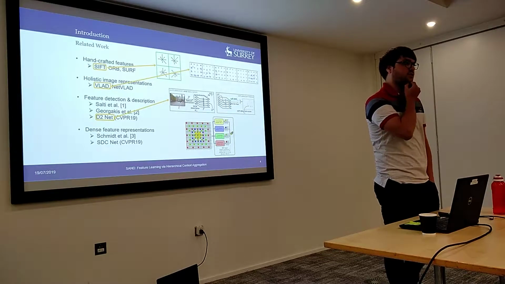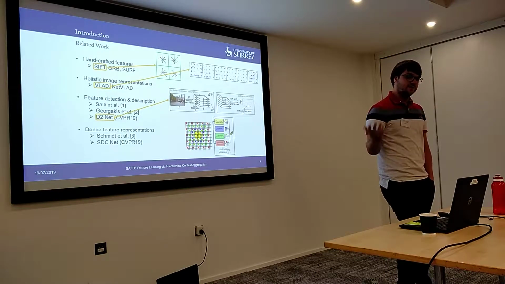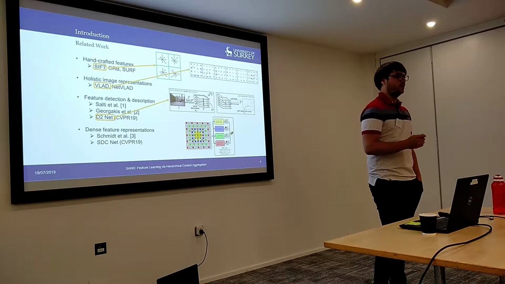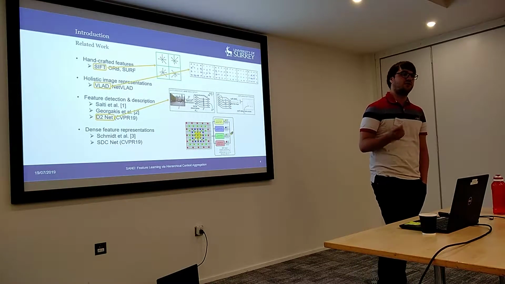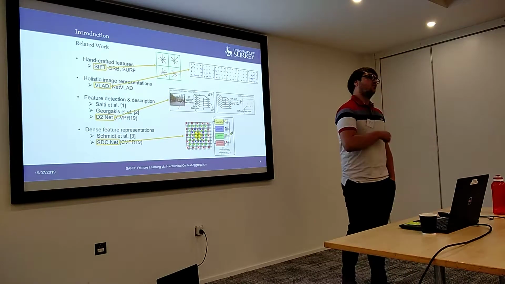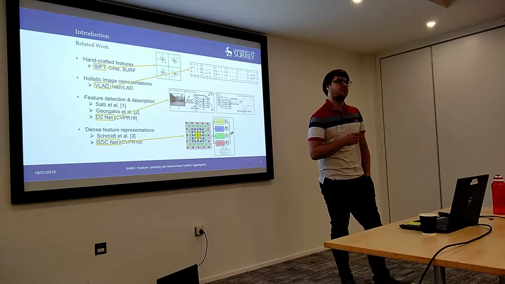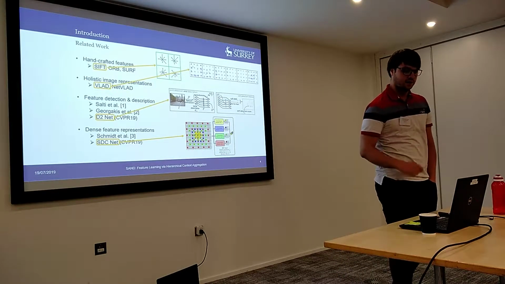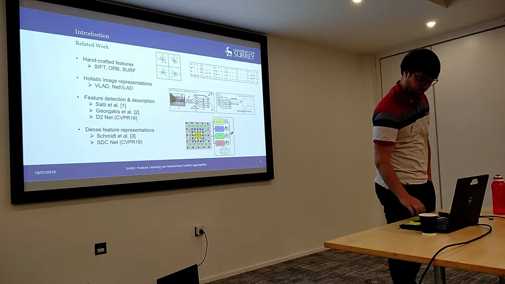And then more related to what I'm talking about now are other dense feature representations, such as Schmidt et al., who introduced a pixel-wise version of the contrastive loss, and then also from CVPR, SDC-Net, which in this case focuses more on the design of the architecture based on stacked dilated convolutions rather than the actual training process.